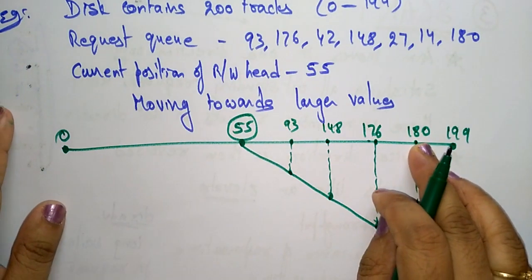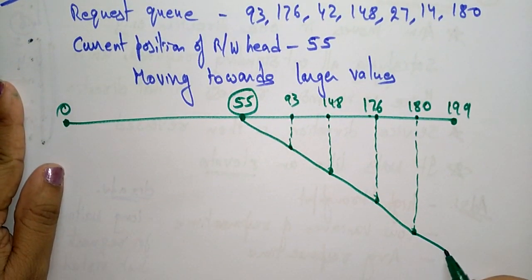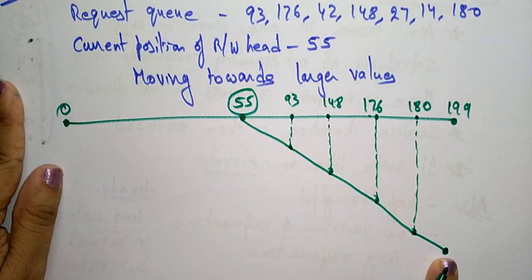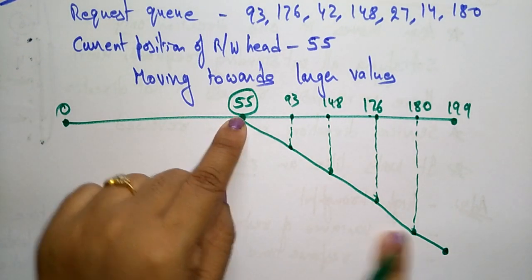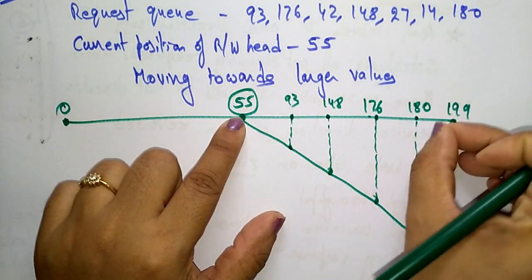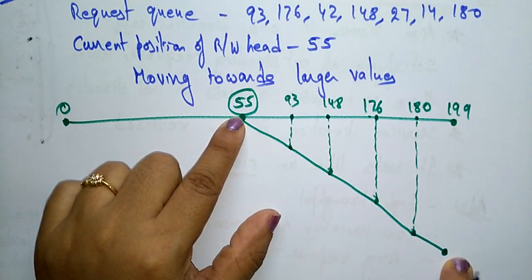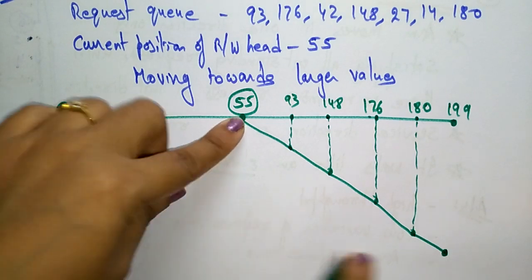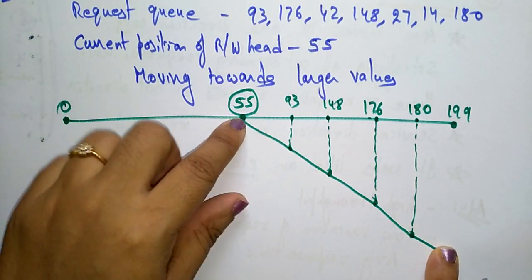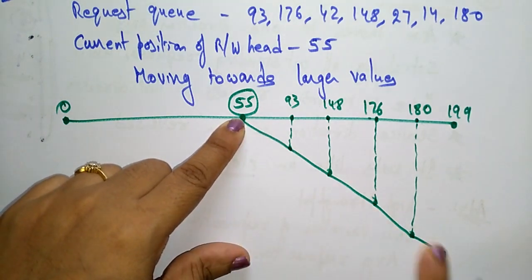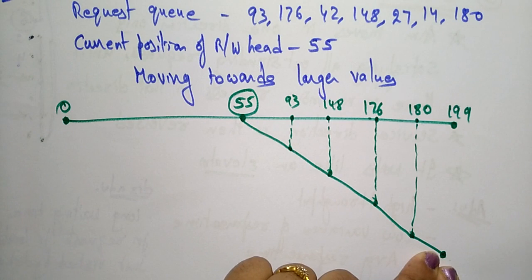Even if it reached 180, it has to move to the end of the track. Because if we move back, suddenly the track contains only smaller numbers. So it is better to move until the end of the track before going backward, to overcome the drawback of waiting.